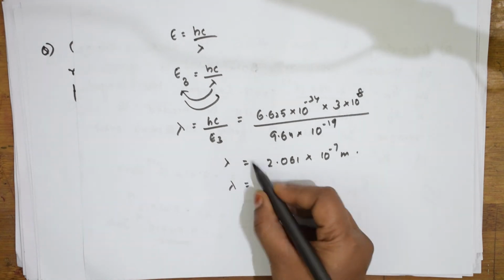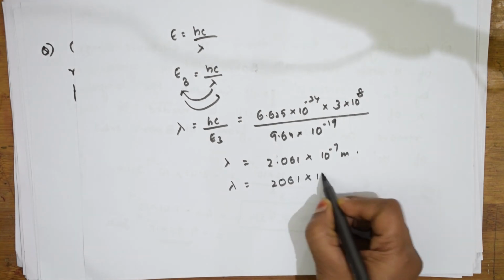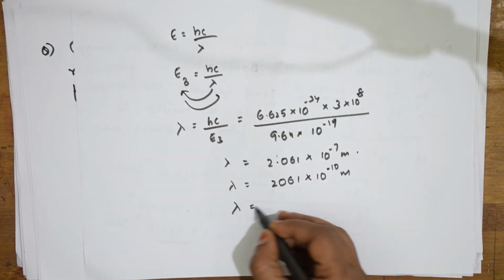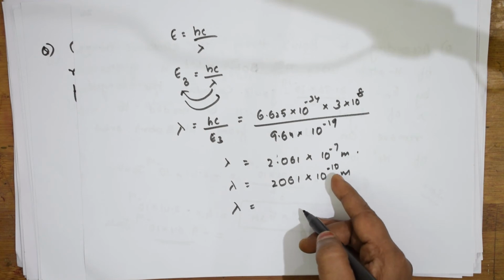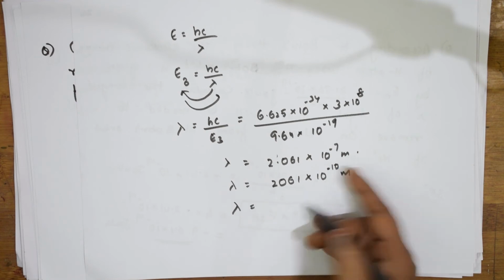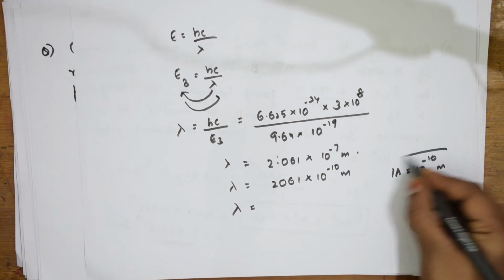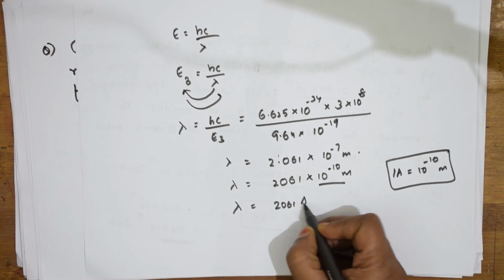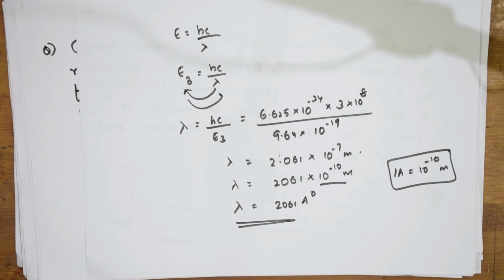Lambda is equal to, when I shift this decimal in this direction, 2061 into 10 raised power of minus 10 meters. Now further write it in angstroms. Yes, I can write it in angstroms, isn't it? Because 1 angstrom is equal to 10 raised power of minus 10 meters. So instead of this value, I can write it as 2061 angstroms. This is done, isn't it? This is your sum. So simple.